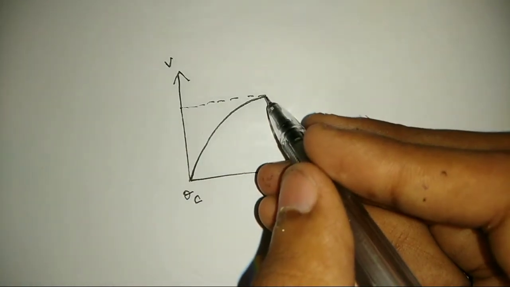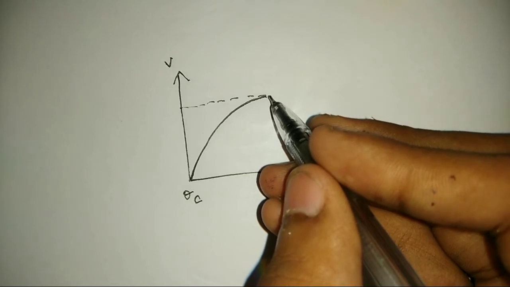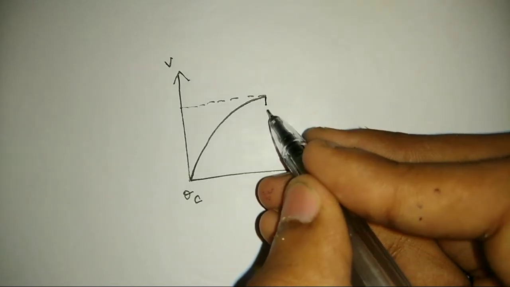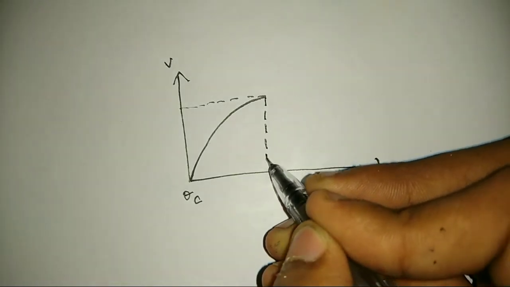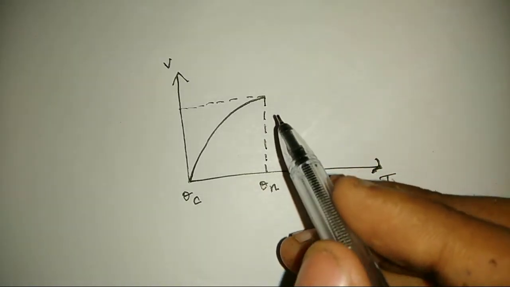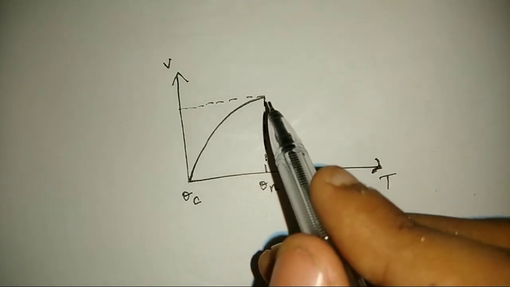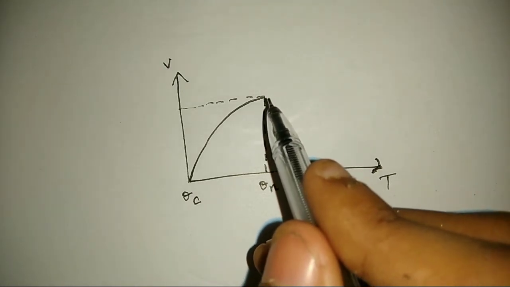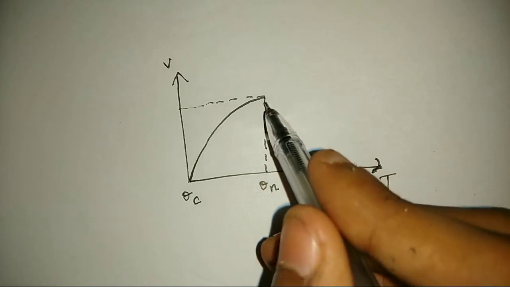The temperature where the thermo EMF is maximum is called the neutral temperature. Now if we keep on increasing the temperature, the thermo EMF will not increase, but will decrease.